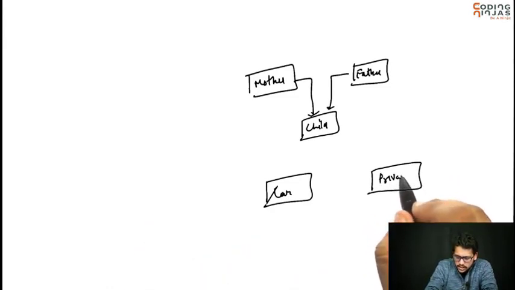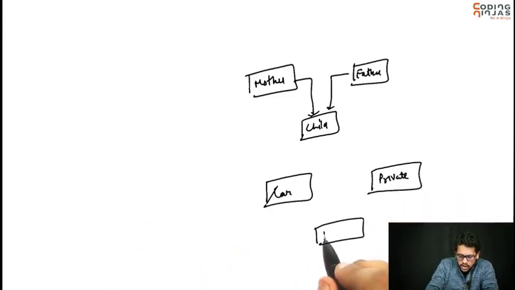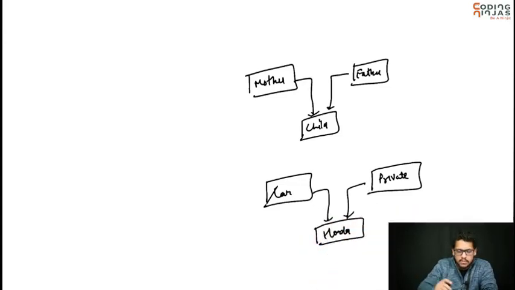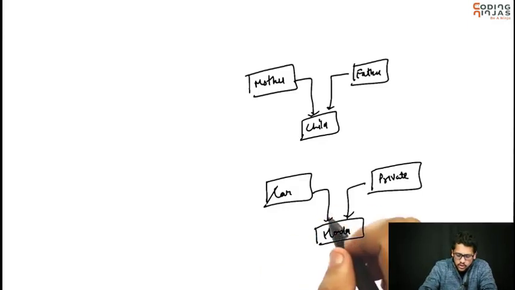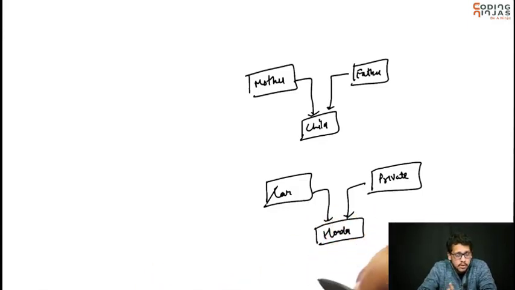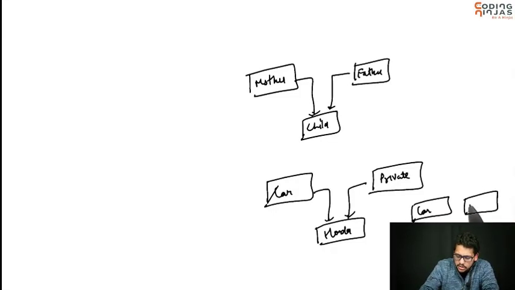Let's say a Honda is a car as well as a private car, so it inherits properties of car as well as private. Similarly, there can be a car as well as commercial, so there can be commercial cars as well. So a final car is a car as well as a commercial vehicle. According to that we have multiple use cases. These are the various examples of multiple inheritance.